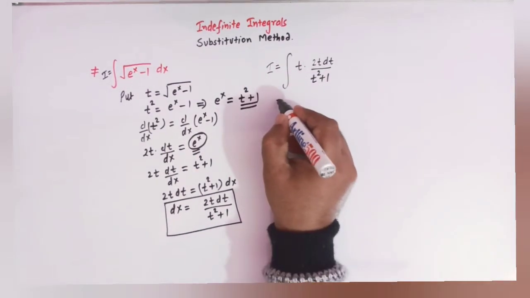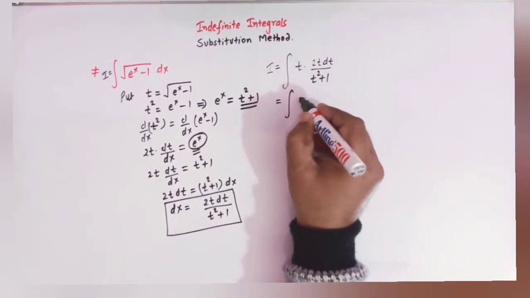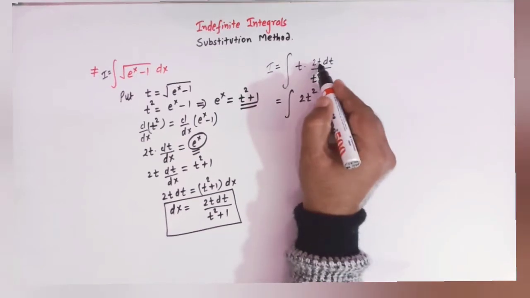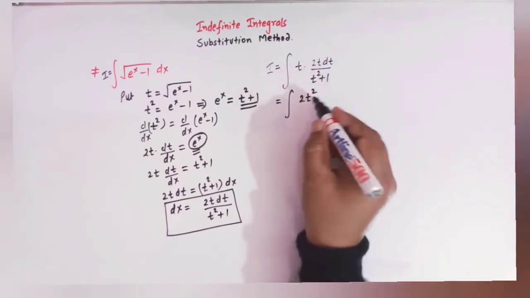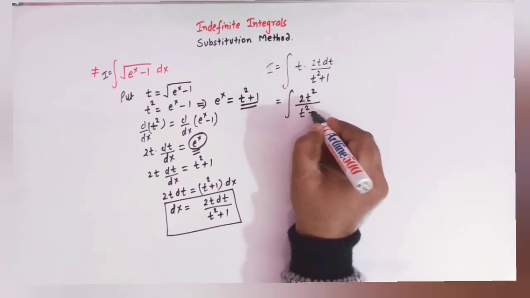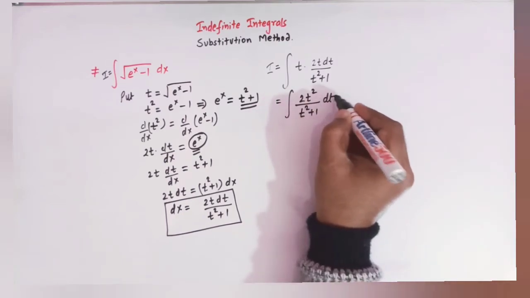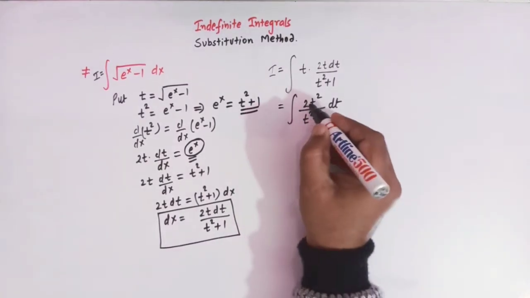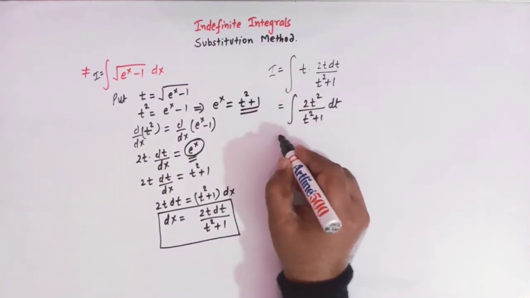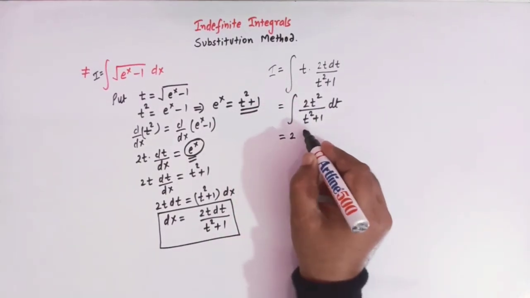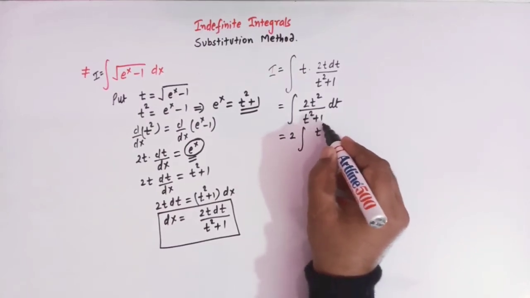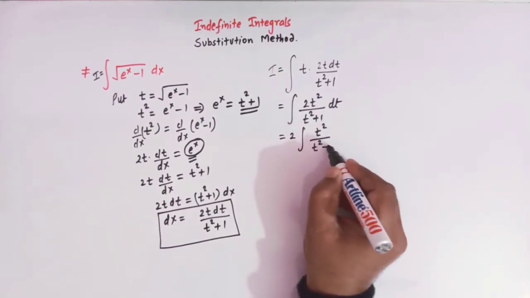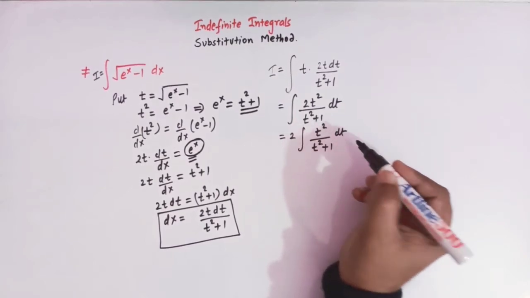Now we can simplify it. So this is 2t square over t square plus 1 dt, since 2t times t is 2t square. Now we see that 2 is a constant, so we can take it outside. So we have 2 times the integral of t square over t square plus 1 dt.